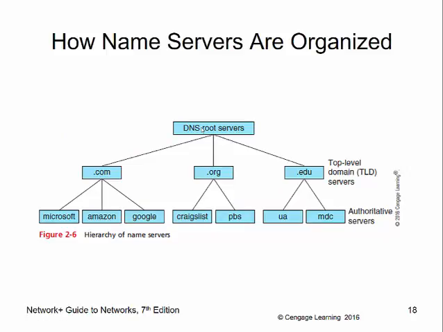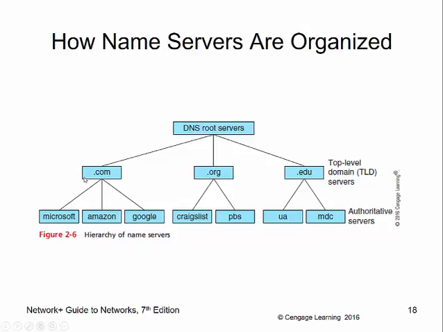DNS is made up of a bunch of servers located all across the planet, and it's hierarchical, right? Meaning it starts at this one point up here, and it's like an upside-down tree, and it branches out. There are 13 root servers on the planet, 13 of them for the entire internet, that tell resolvers, which are clients, us, when we're out there looking for Amazon.com, where the .com DNS servers are, or the .org DNS servers.